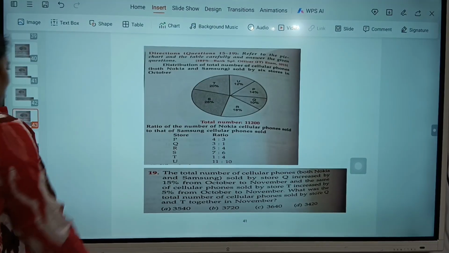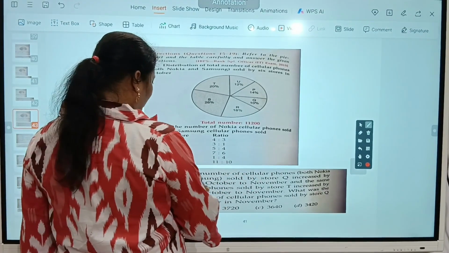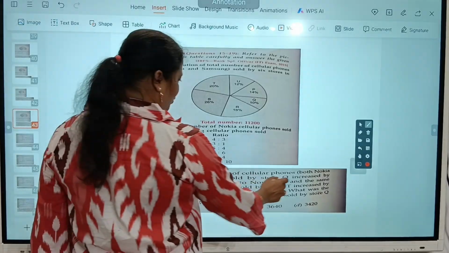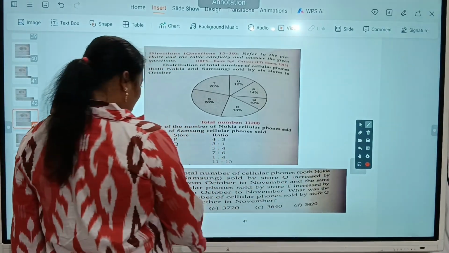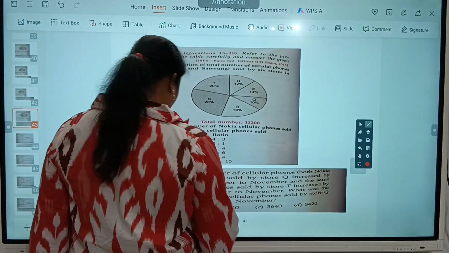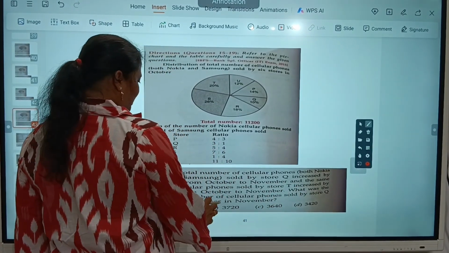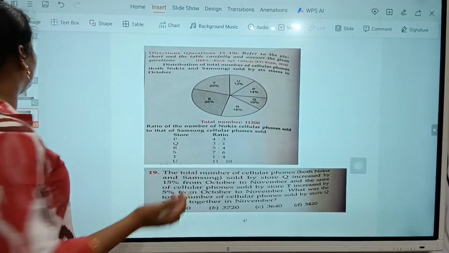The last question of this graph is: total number of cellular phones, both Nokia and Samsung, sold by store Q increased by 15% from October to November, and the same number of cell phones sold by store T increased by 5% from October to November. What was the total number of cell phones sold by store Q and T together in November? So, what is the total number of cell phones in store Q?